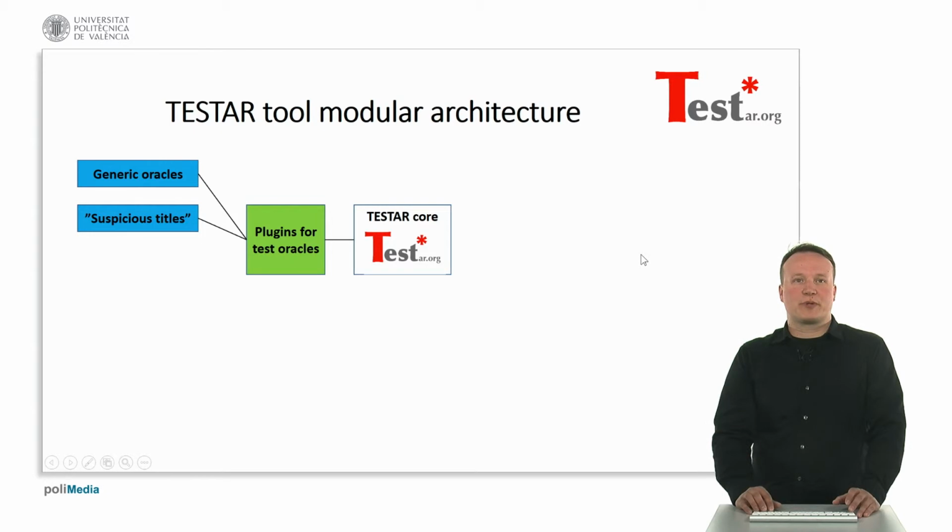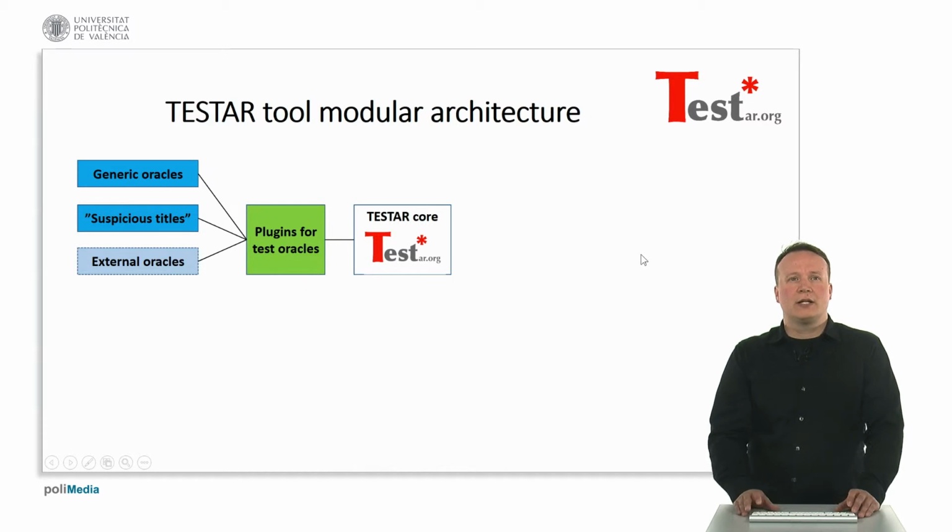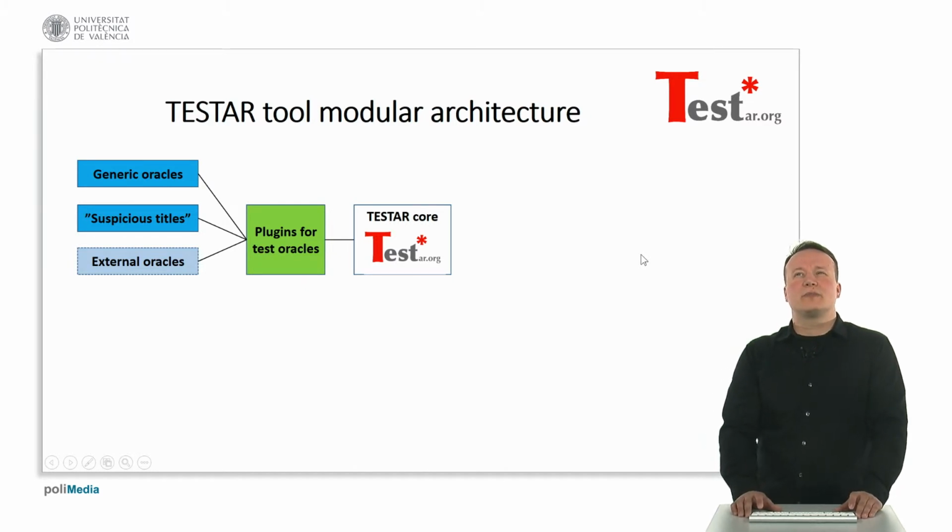You can use regular expressions to define these titles, and they are constantly looked for in the UI during the test execution. Then there are external oracles. This means that you can also define oracles that are looked for after test execution.